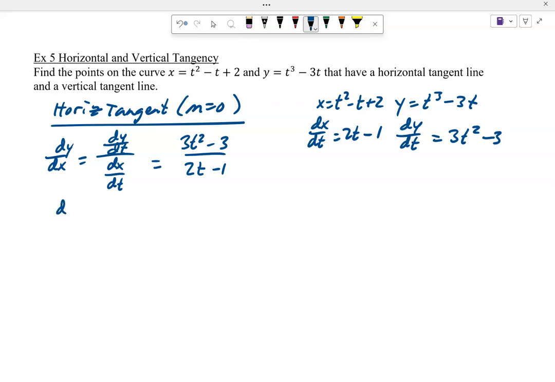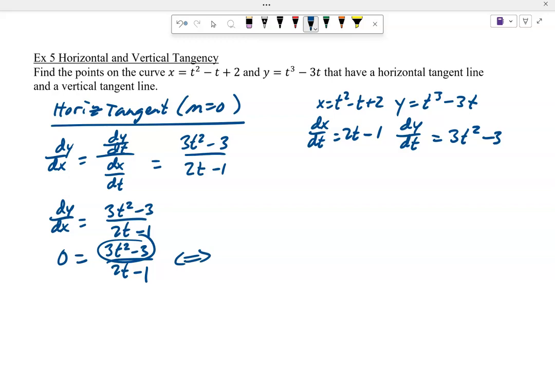Here's dy/dx, and this has got to be 0, right? I need to have a slope that's 0. That means my numerator's got to be 0, right? 0 divided by anything is 0. So that means 0 has got to be 3t squared minus 3. So 3t squared equals 3, t squared equals 1, t is plus or minus 1.